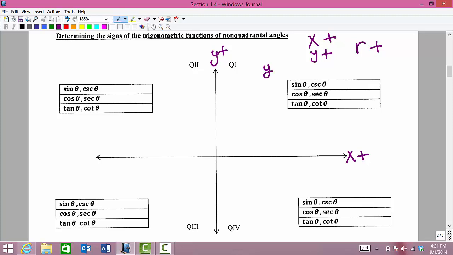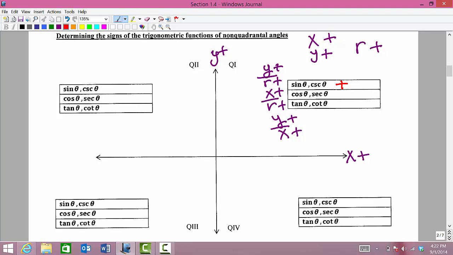my trig functions are formed by the ratios of y divided by r and its reciprocal, x divided by r and secant its reciprocal, and tangent, which is y divided by x and its reciprocal. Since all of these would be positive values, a positive divided by a positive is also positive. And since reciprocals all have the same sign, sine and cosecant would be positive.